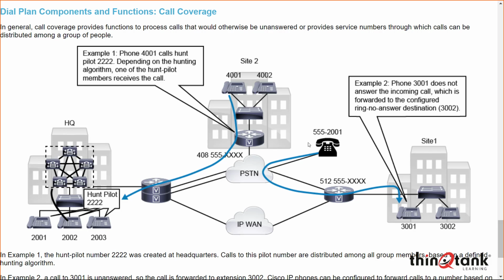Is it supposed to ring a group of extensions? Does it ring them in a round-robin fashion? Does it broadcast the call to all phones? Does it ring the phone that was next in line, basically in a circular fashion? That's what call hunting allows us to do.